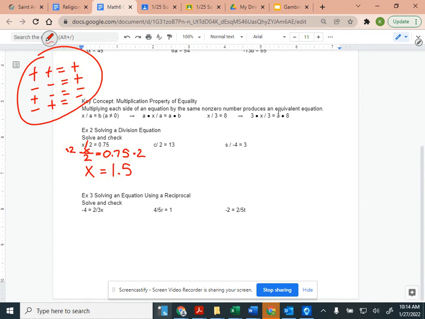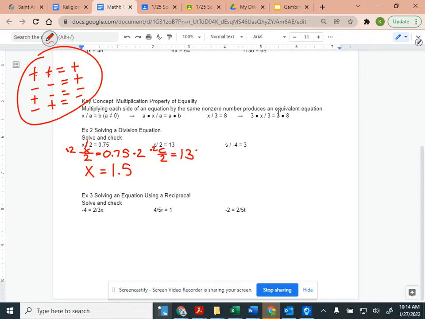Positive or negative, Will? Positive, because we have a positive and a positive, so it's going to equal a positive. Let's look at our next one. C over 2 equals 13. C over 2 means C divided by 2. Lily, what's the opposite? So multiply by what?